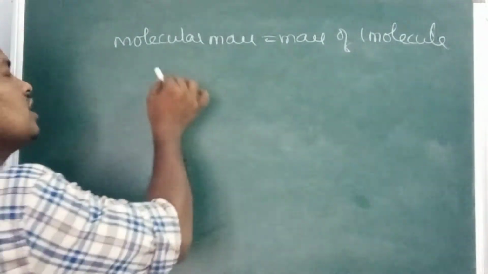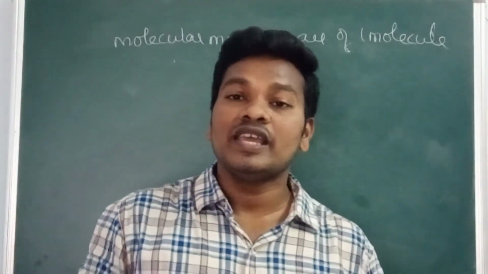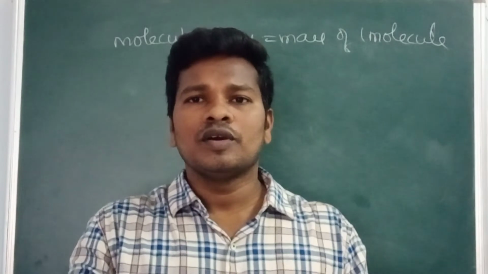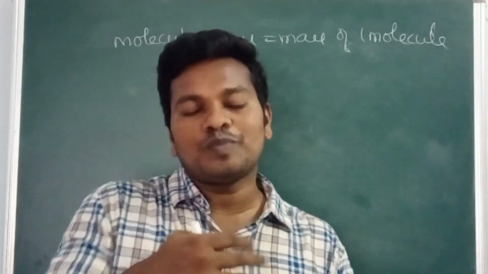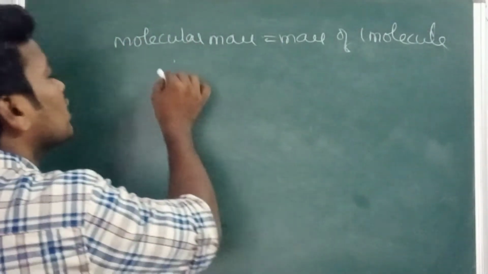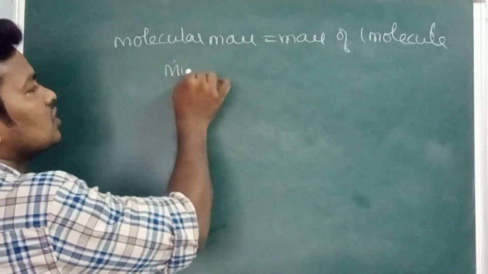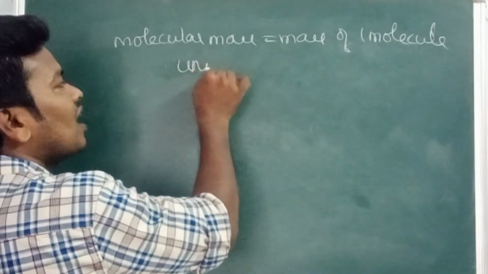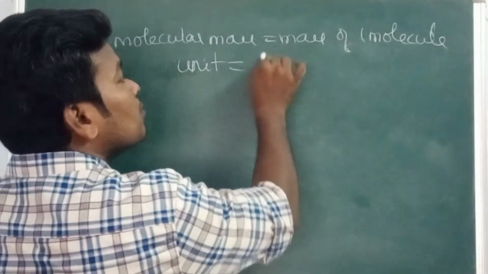If you see, we already have atomic mass. What are the units of atomic mass? A into AMU, where A is atom. Here, for the molecule, it is M into AMU, the molecular mass unit.